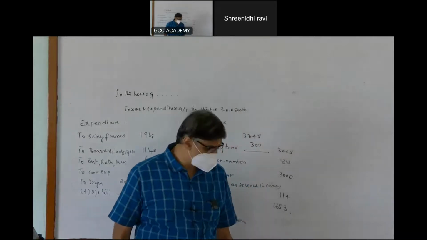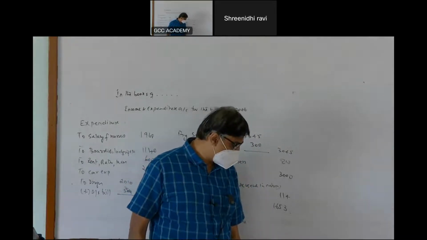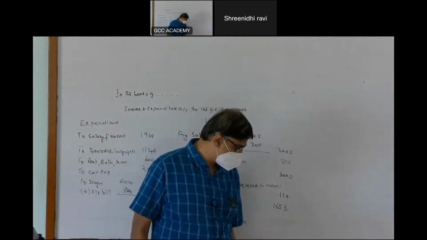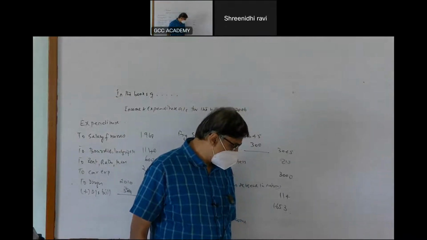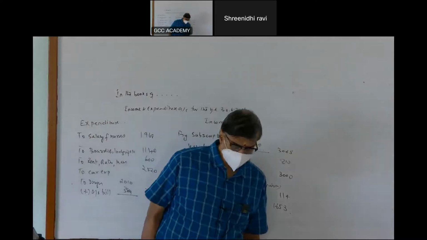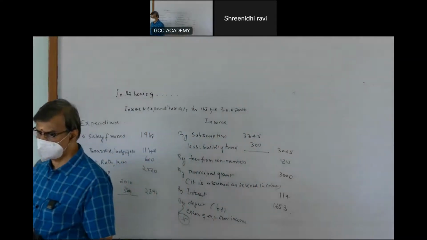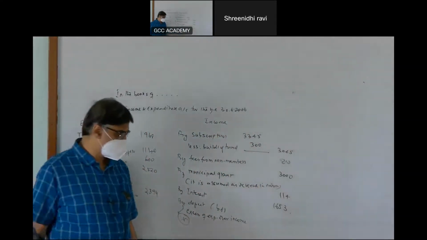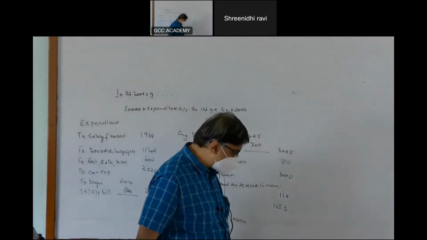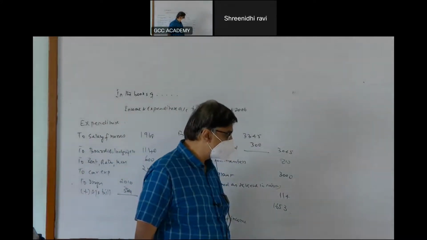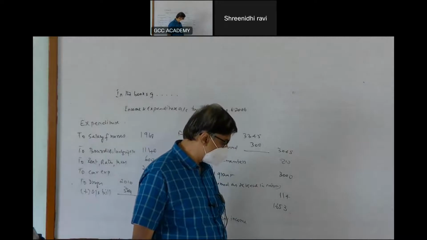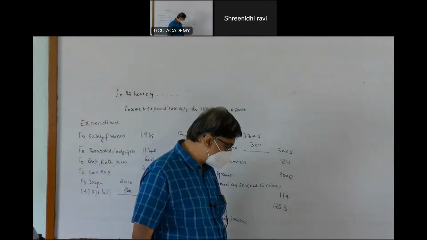Coming to payment side. Secretary salary 12,000. Salary to staff 25,000. Charities 1,000. Printing and stationery 600.